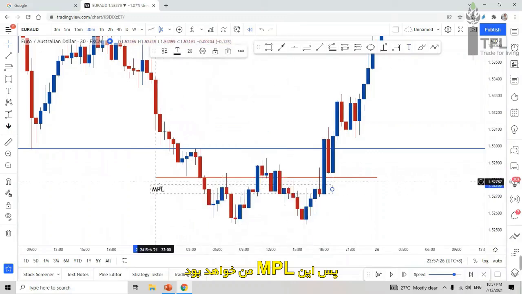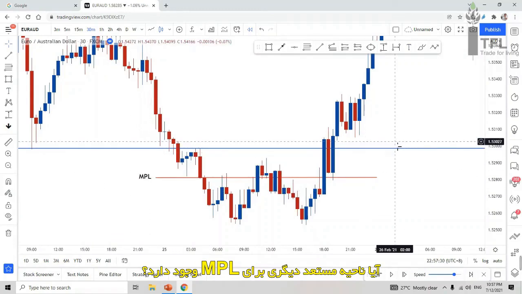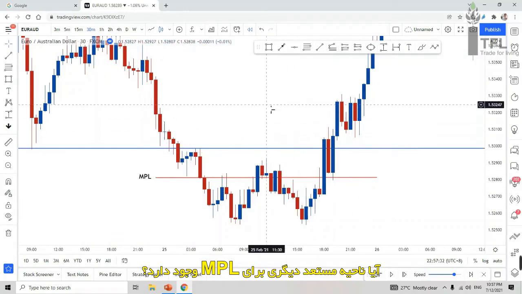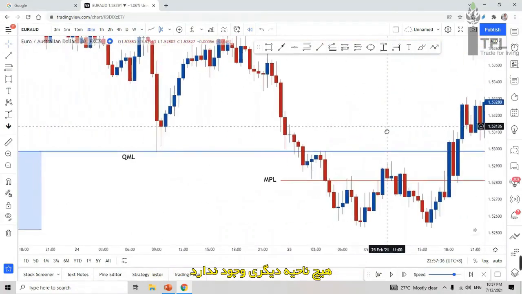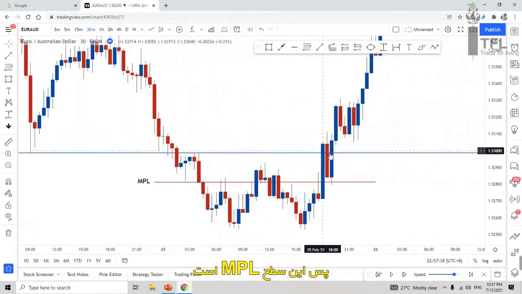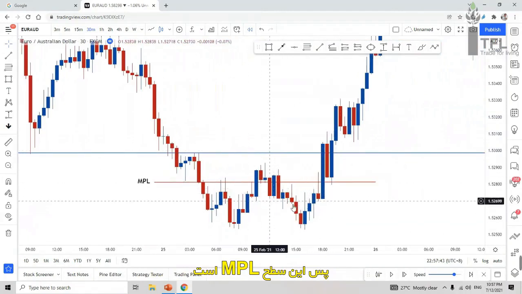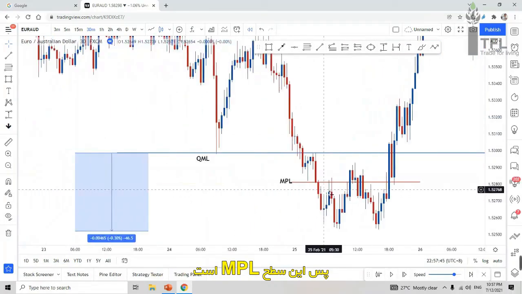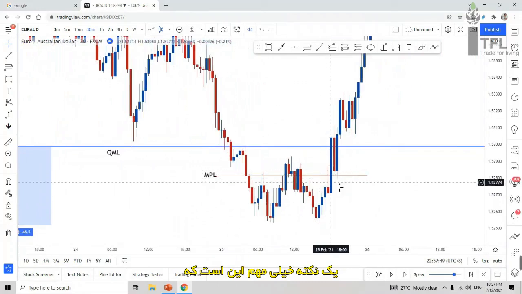Other than this, is there any other place that is qualified as an MPL? No. If you look at it properly, there is nothing more out there. So this is already my maximum pain level. Okay, so what happened next is that once I go into this time frame, important notes here.